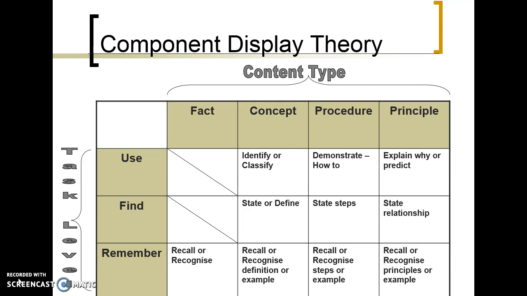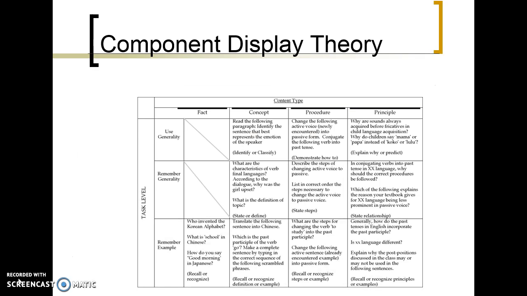But you can certainly use a concept or find a concept. You can certainly use or find a procedure, or use or find a principle. But you can remember facts, concepts, procedures, and principles. So here's an example in terms of language learning. If you want to take a pause here and have a look at that, great. That's a nice example of component display theory.